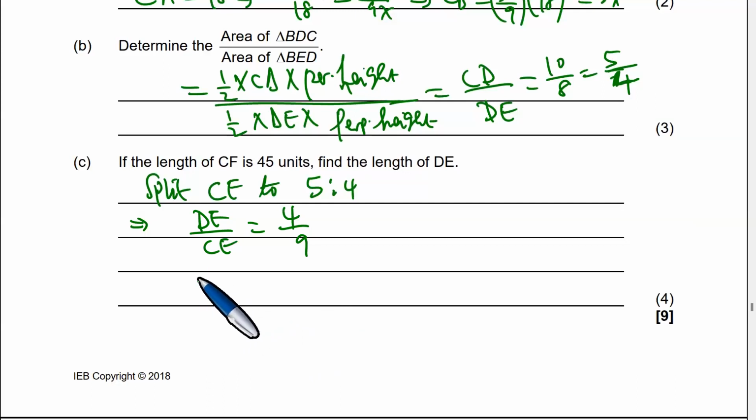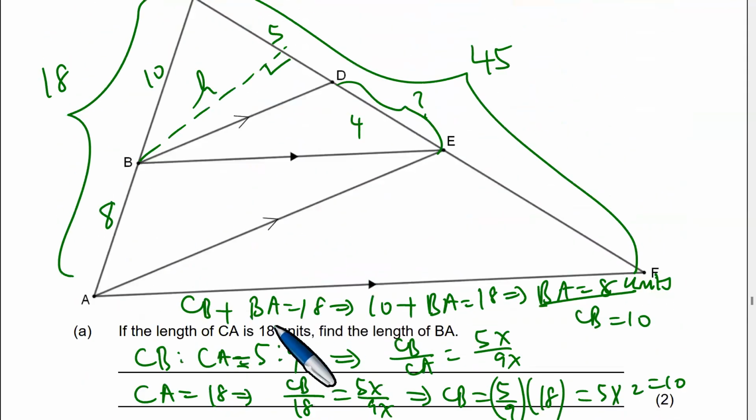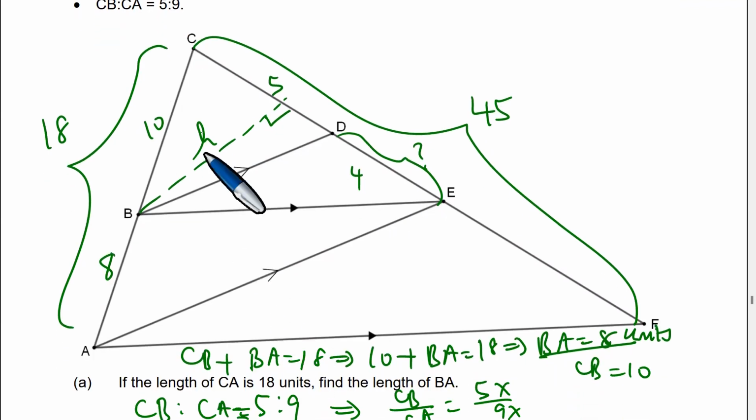And what is DE over CF? Let's check. Here CF is 45, and DE is actually having a 4 here.